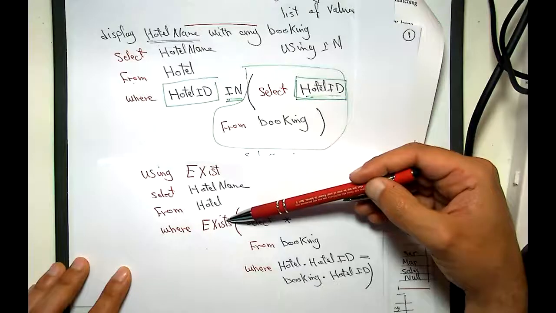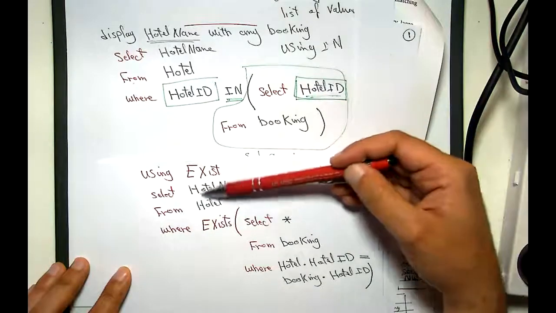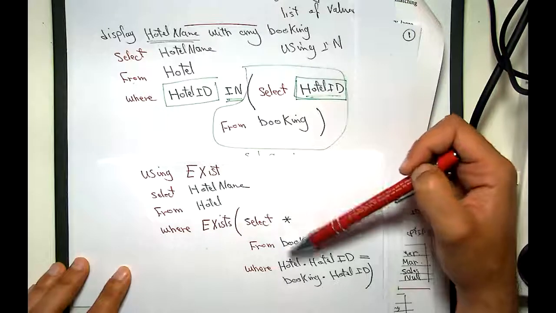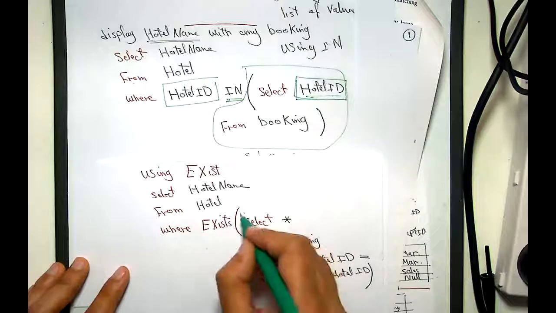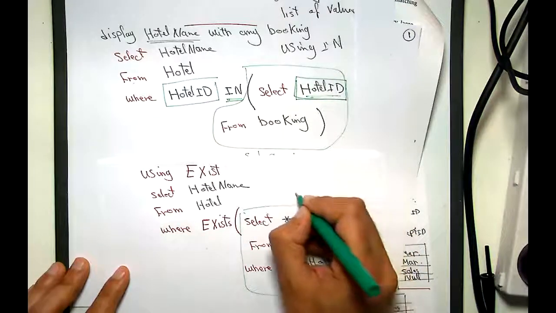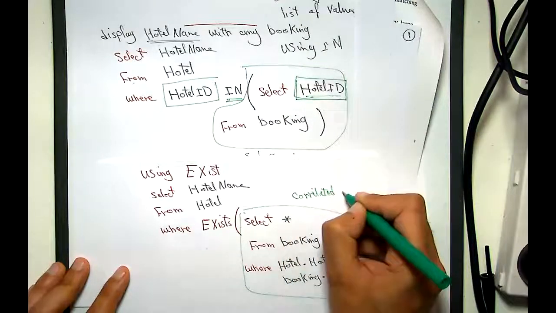Using exists, actually I join the two tables, so for each record of the outer query, it will check the inner query. So that's why this method of subquery using exists is called correlated subquery.